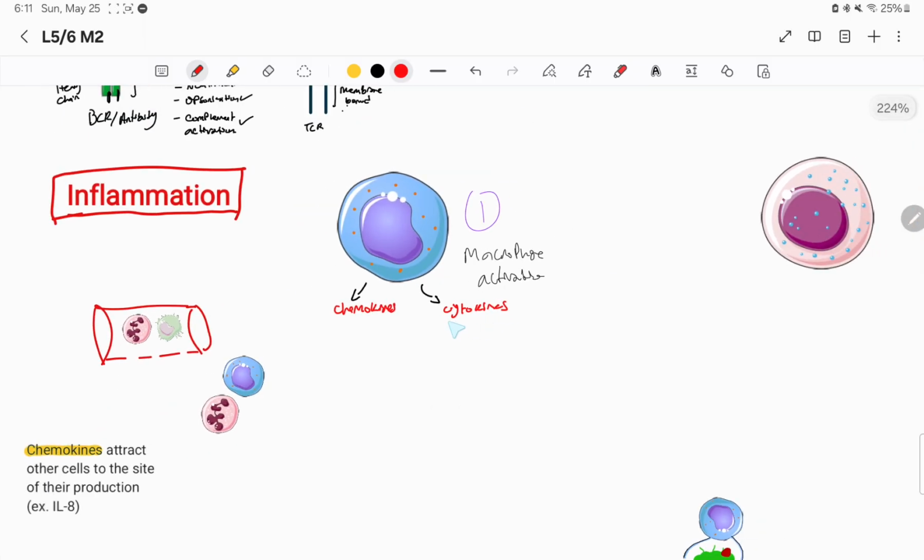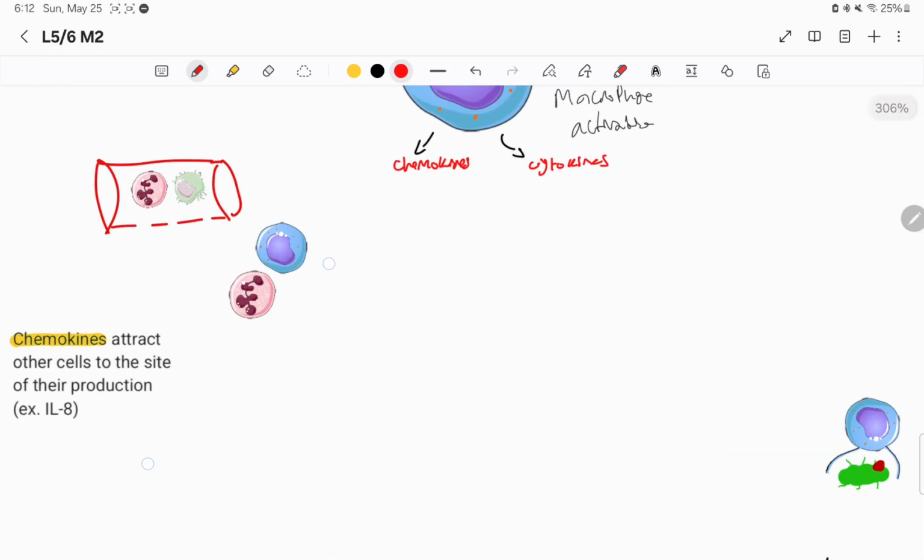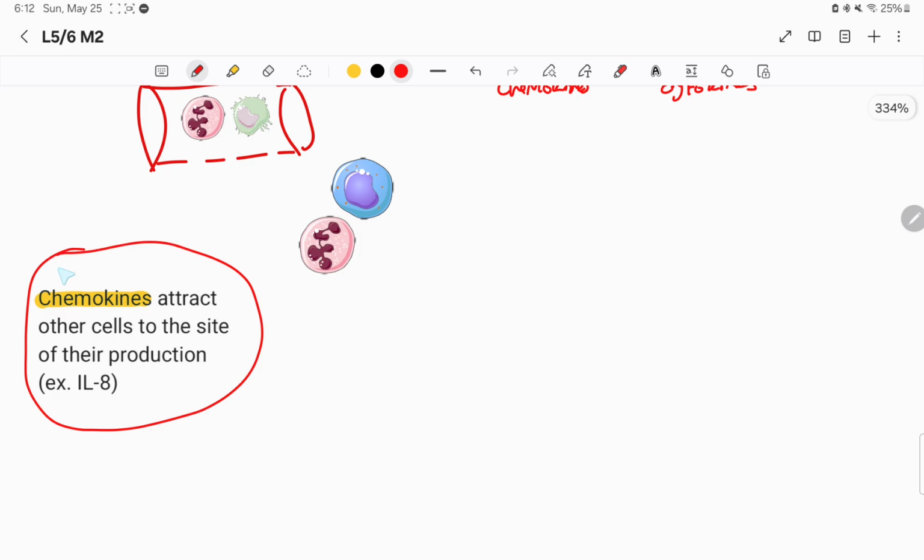Cytokines are molecules that can directly kill microbes, and they have many other functions that I'll list here. Some of them may or may not happen during this inflammation process, depending on the severity. Chemokines, like I told you, attract other cells to the site of their production. A very common one is interleukin 8, which is used to attract neutrophils.